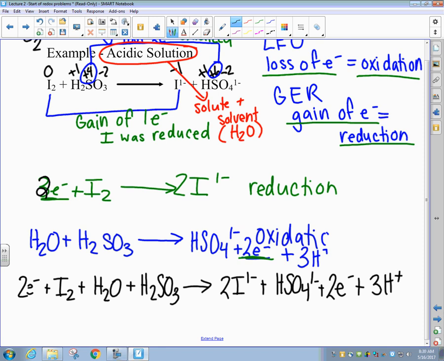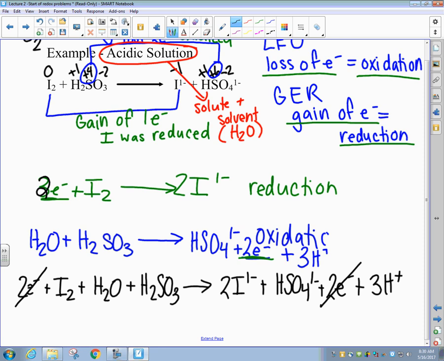Now, I want to look through and see if any of the same things on the product side look like the exact same thing on the reactant side. So here, I have 2 electrons on the left, 2 electrons on the right. That looks good. If you ever get to this point and your number of electrons doesn't cancel, you know you did something terribly wrong.